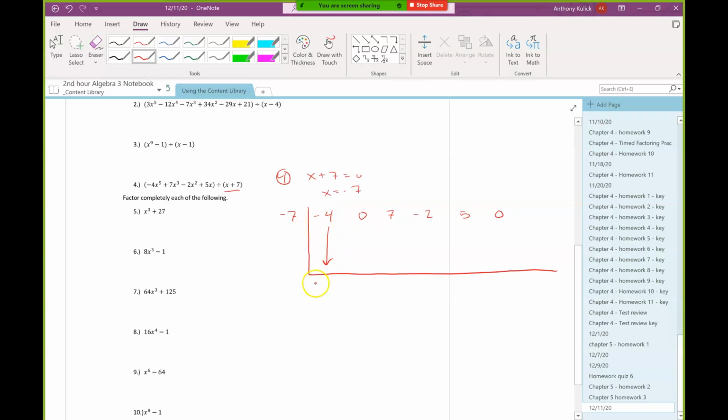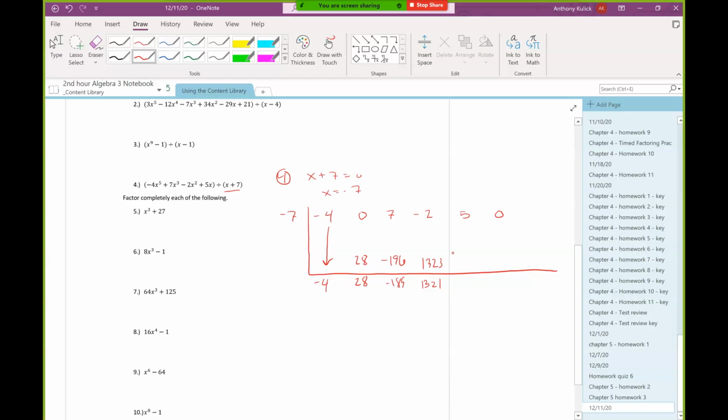So I'm going to bring down the -4, and then -7 times -4 is 28. And I add that down, 0 plus 28. -7 times 28 is -196. And I add down 189. -7 times 189 is -1323. I add down is -1321.